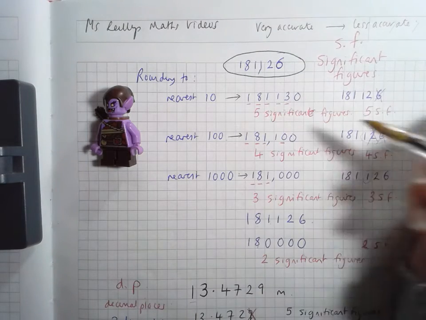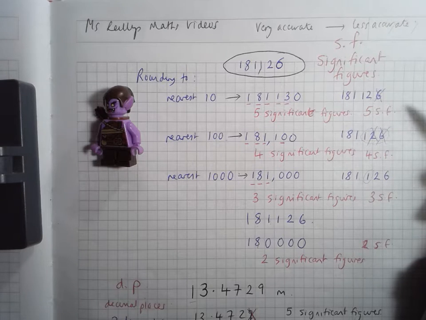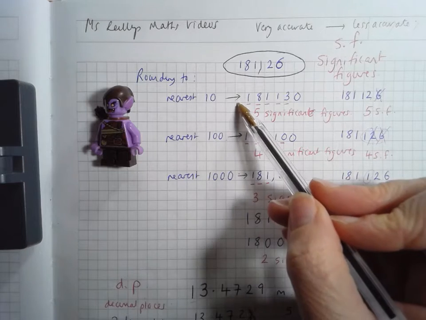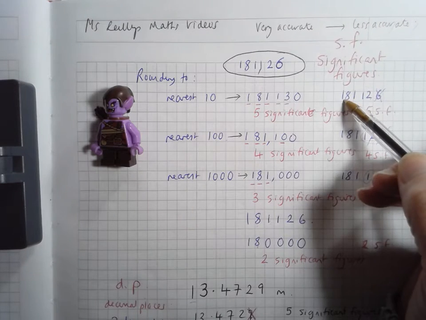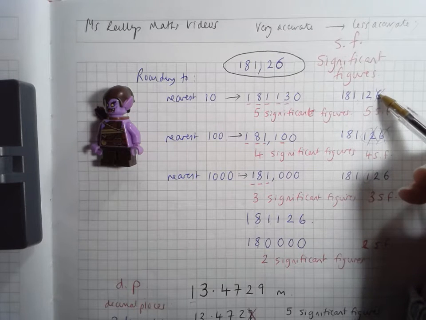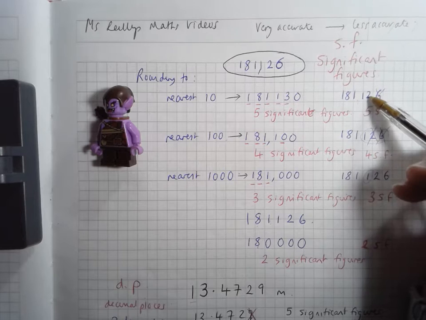181,126, and what we're going to talk about is how we're going to round that. Previously we talked about rounding to the nearest 10, where we got rid of that last number because it's the units and these are the tens. We got rid of the 6.